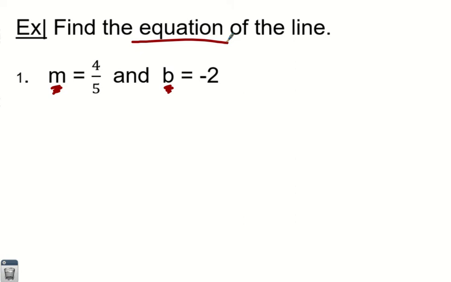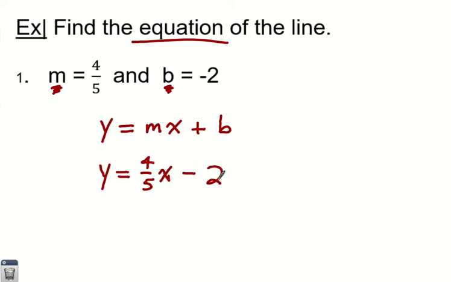Well, considering what they gave us is m and b, I'm going to choose this form of an equation. And then since they blatantly told me that m is this and b is that, I can just throw them into the proper spots.